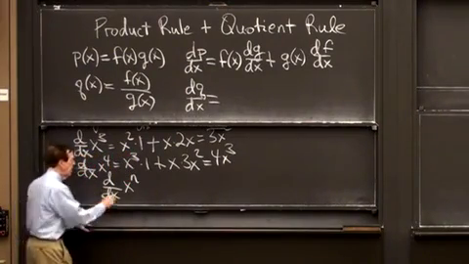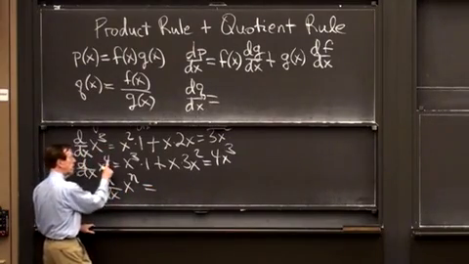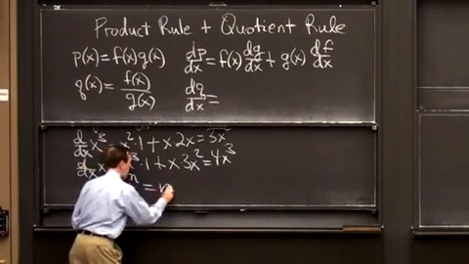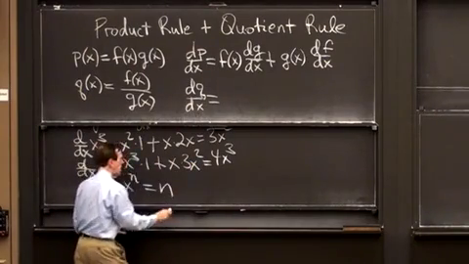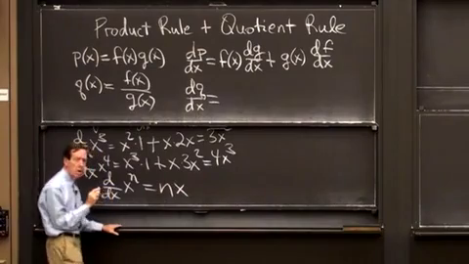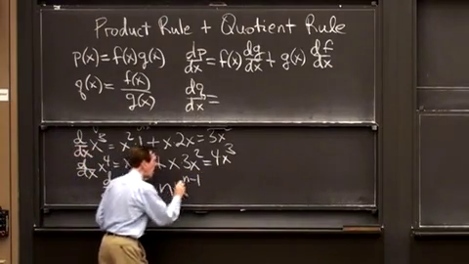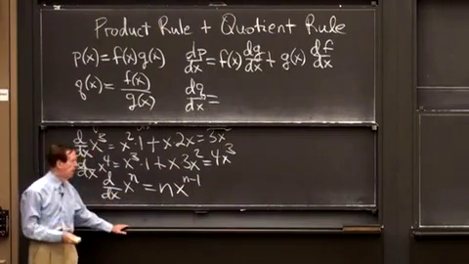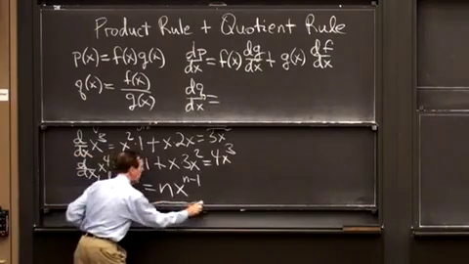And if the pattern continues, what do we think? This 4, this n shows up there, and the power drops by 1, so that'll be x to the n minus 1, the same power minus 1, one power below. So that's a highly important formula.